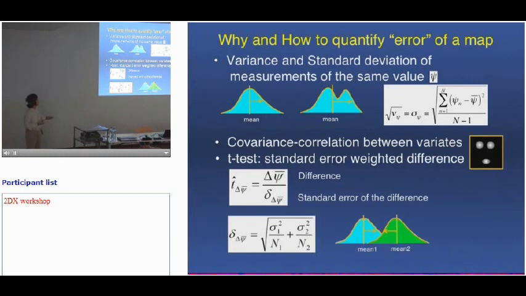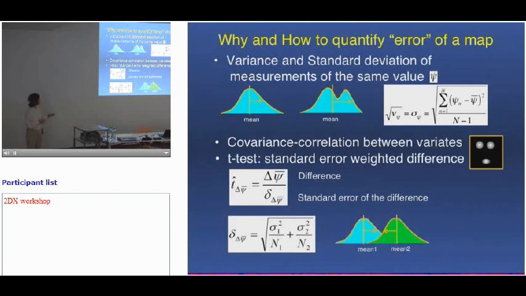In other words, what is being called the t-test, you probably have used this before for some biological measurement. The t-test is mainly a standard error weighted difference.